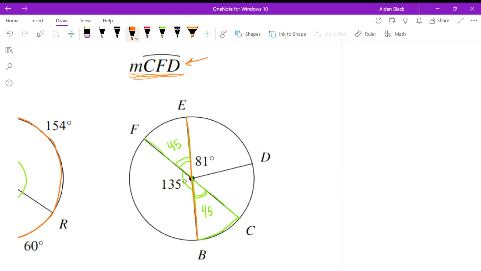We're looking for CFD, so that's from here all the way around the circle through F and ends at D. So really all we have to do is add all those up. So 45 plus 45, that's 90. We got 81 and we have 135. All those add up to the measure of the major arc CFD. So 6, that's 12, 20, right? So 306. Measure of that arc CFD is 306.